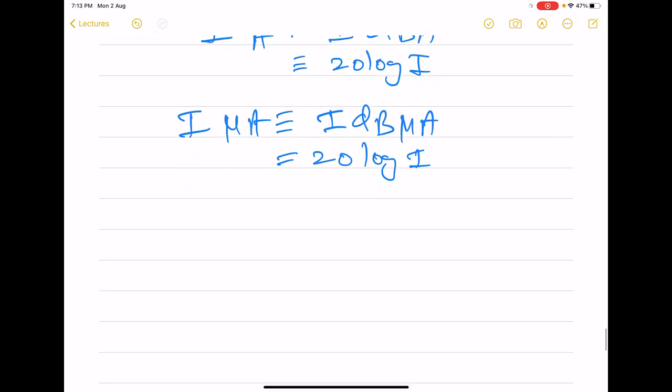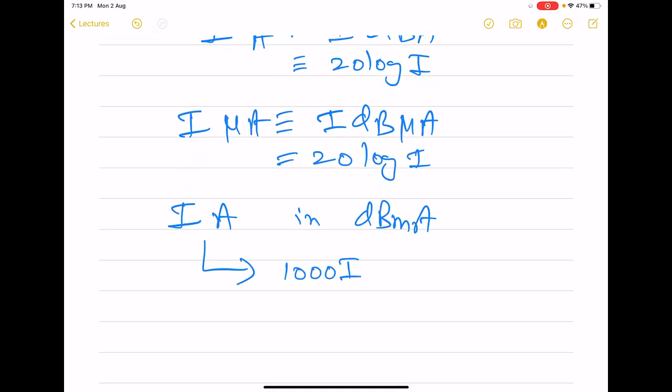Now if suppose we have I in ampere, but we want to represent it in dB mA, that means milliampere, then we have to convert this into milliampere, so that becomes 1000 into I milliA.